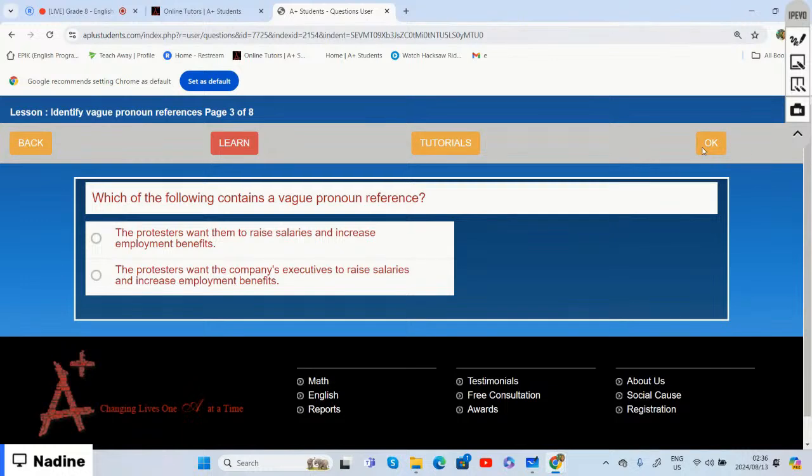All right, and if it says the protesters want them to raise salaries and increase employment benefits, right? That is option one. Or we have option two, and option two says the protesters want the company's executive to raise salaries and increase employment benefits.